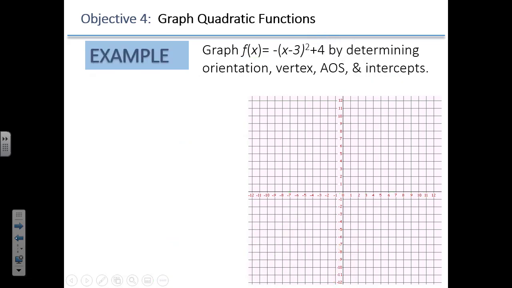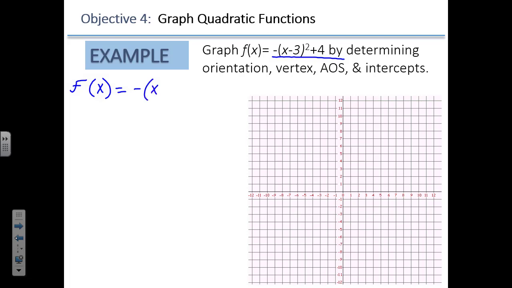Okay, there's one more example that I'd like to work through with you before I turn you loose. Let's graph this function, -(x minus 3) squared plus 4, by doing the same 6 steps. Well, this one we have a little bit of work to do. So let's start with our function f of x and rewrite this.